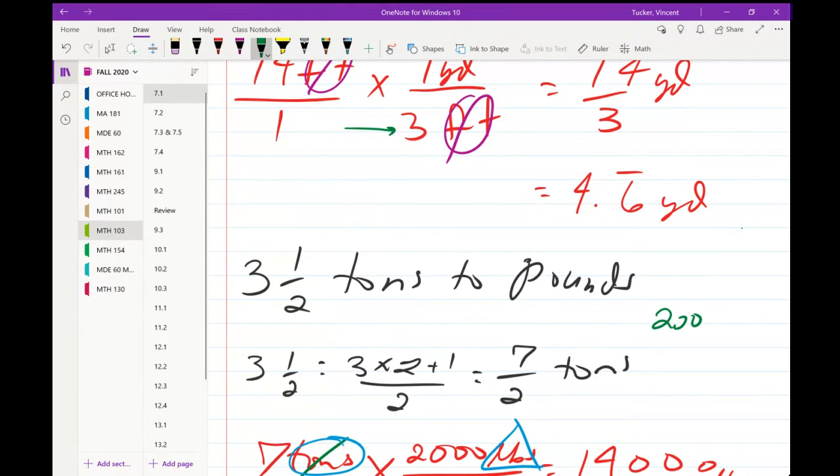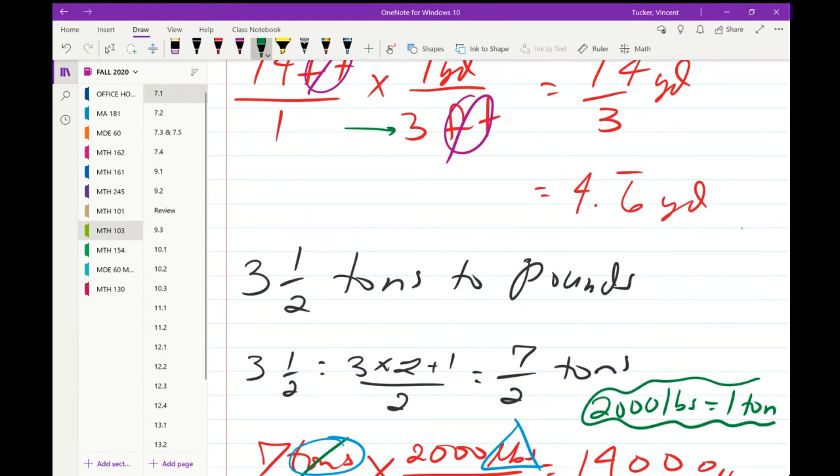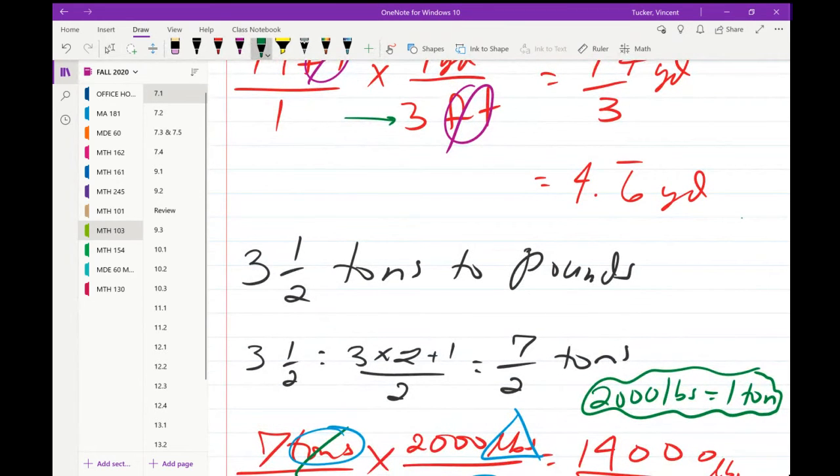There are 2,000 pounds in 1 ton. Also, I decided to convert that mixed number to an improper fraction. So you do 3 times 2 plus the 1. So that's 7 over 2 tons.